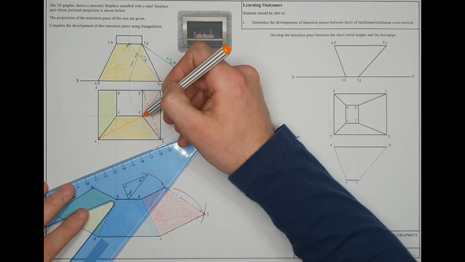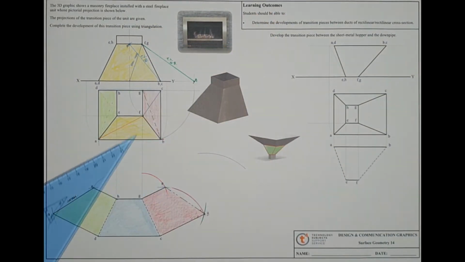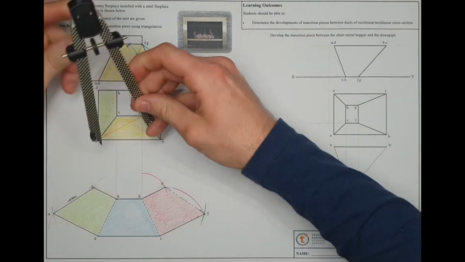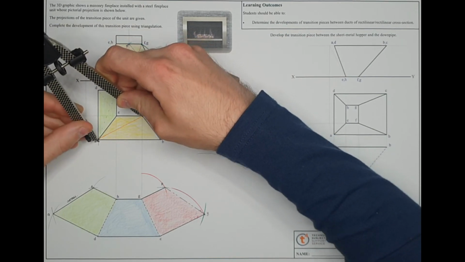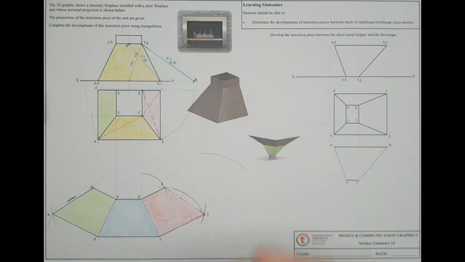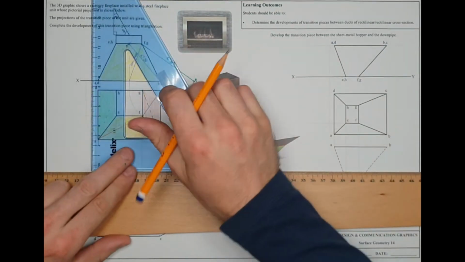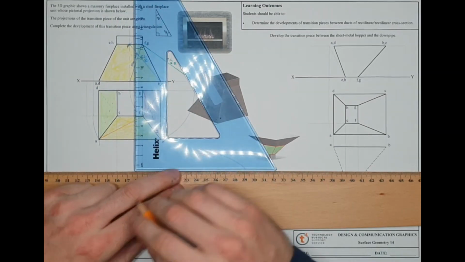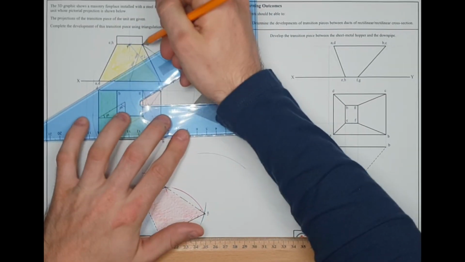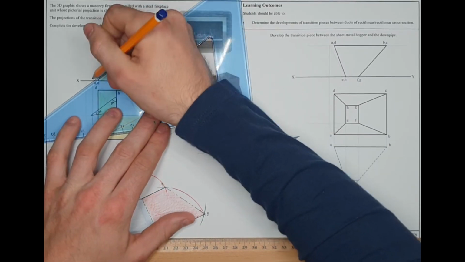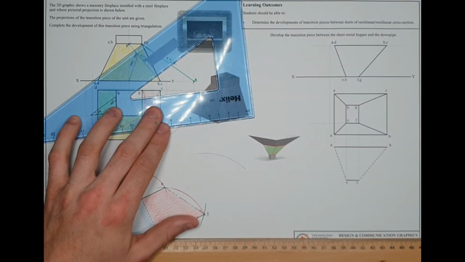I'll fix point F, I'll rabat point A, and I won't make a mistake this time. I'll fix point F there, I'll take point A, I'll rabat it until it's parallel to the vertical plane, project it up, and I'm moving over point A to there. So there's F and there's the rabated A.